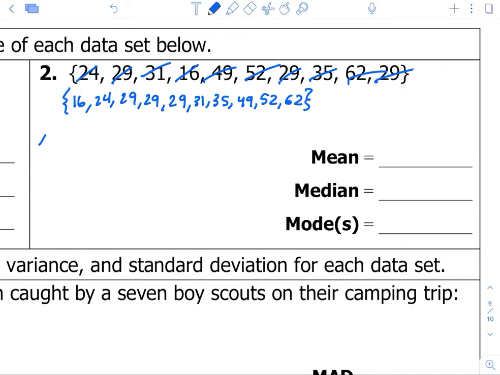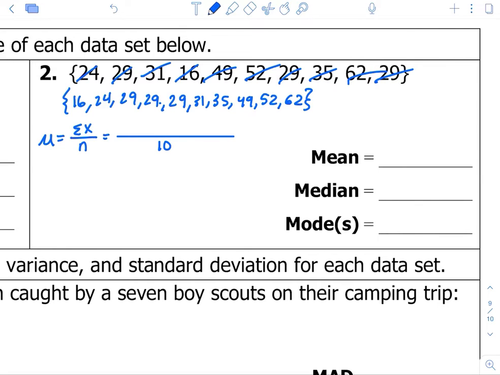Now let's find our mean. Mu, the Greek symbol that represents the mean, is the summation of all your data values added together over the total. 1, 2, 3, 4, 5, 6, 7, 8, 9, 10. There's 10 of them total.